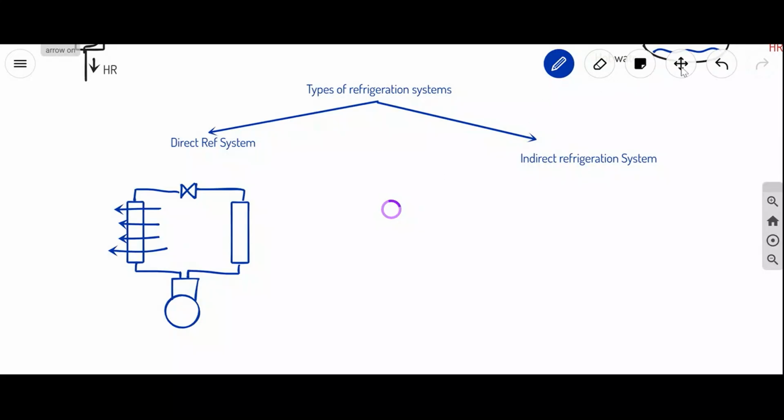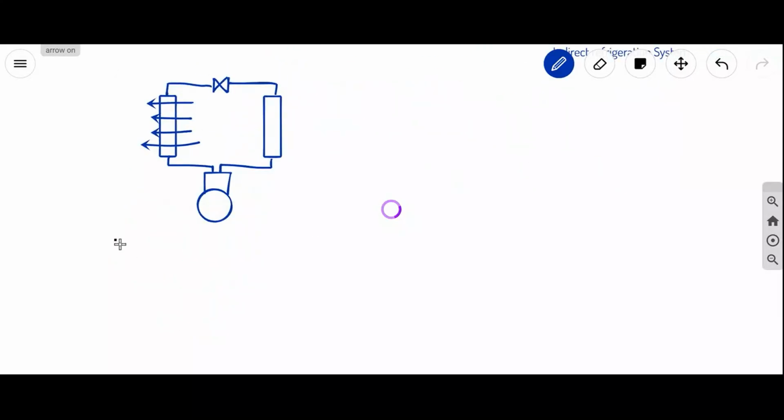The air conditioners which come under direct refrigeration system are window AC, split AC, which is further divided into non-ductable split and ductable split AC, VRV or VRF, and package.